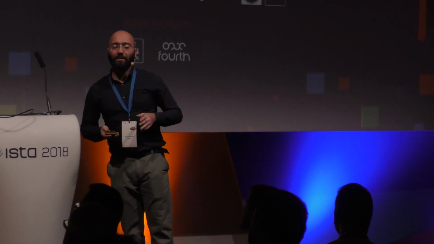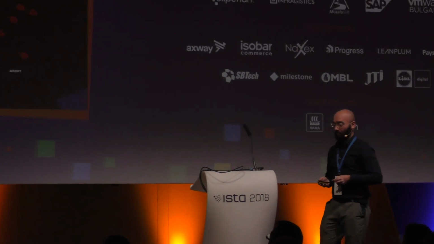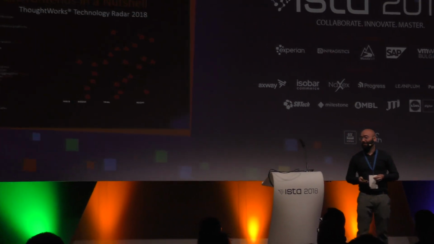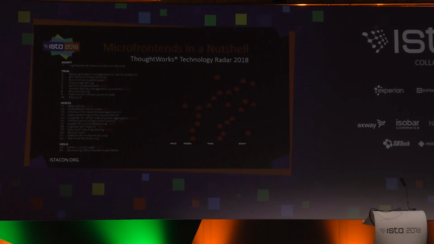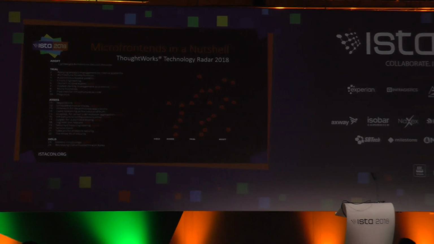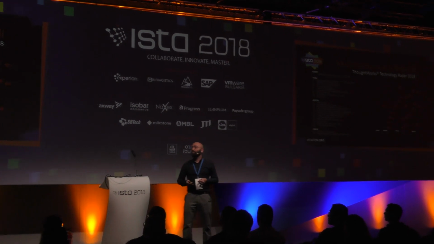I started explaining what micro frontends are before I actually reached the slide. Sorry about this. So what exactly is micro frontends? I personally heard about micro frontends somewhere around 2016. I don't know if you know about the ThoughtWorks technology radar. That's a company that specializes in analyzing the technological stack that's out there right now.